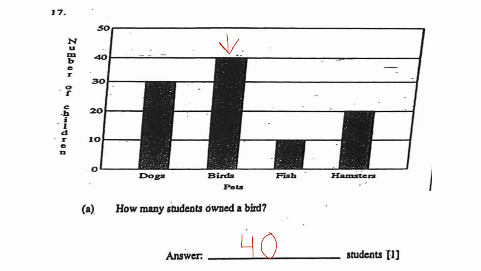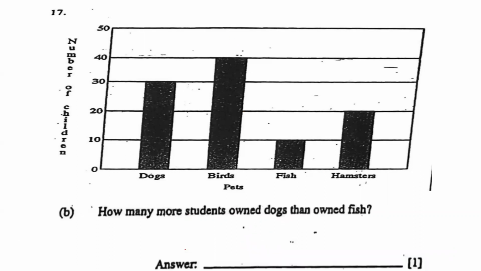All right, next up. How many more? You know this involves some subtraction. How many more students own dogs than own fish? How many students own dogs? 30. How many own fish? It's just 10, right?